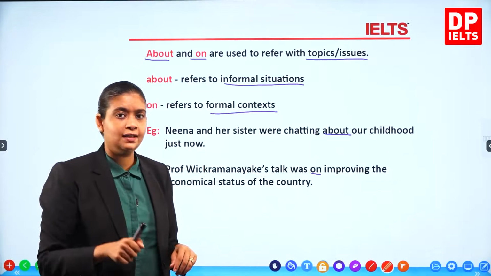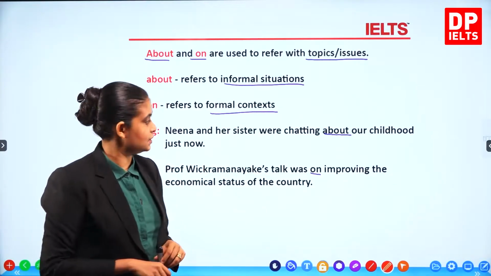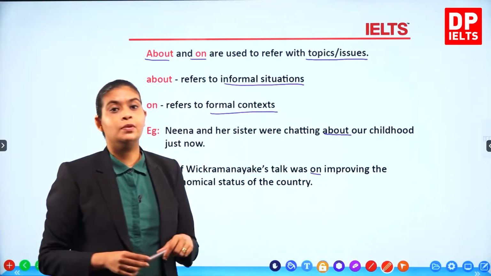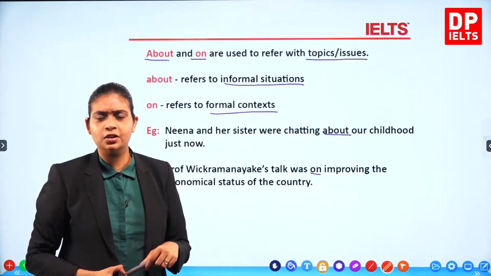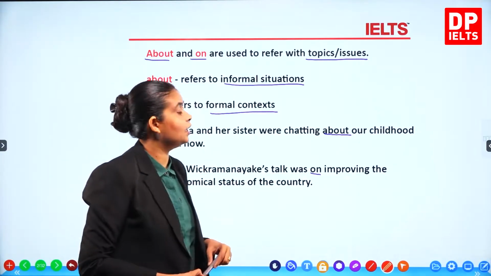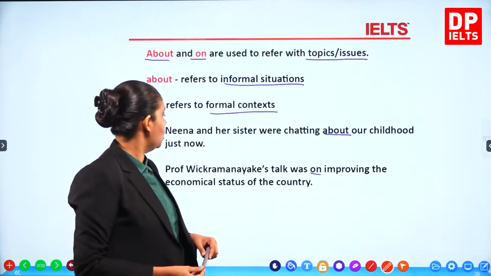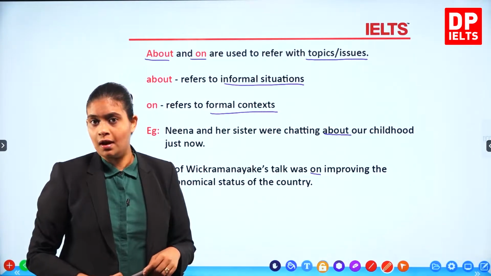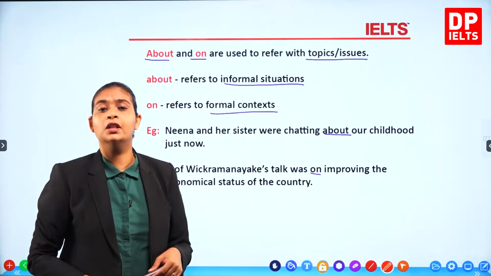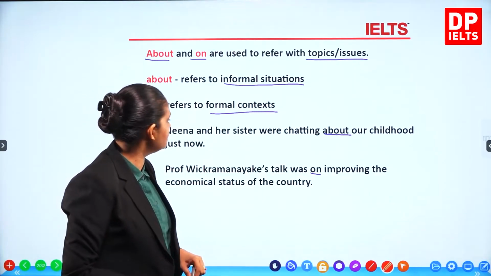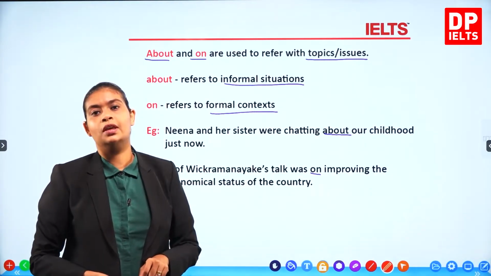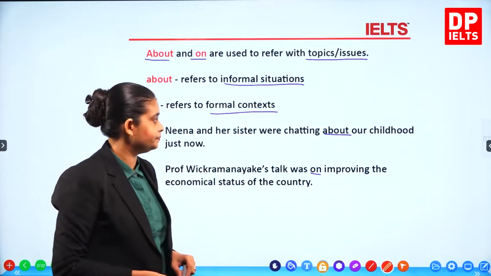No, it is an informal context. They were chatting about a certain topic. Whereas Professor Vikramanayaka is a more formal context and he was talking about what?